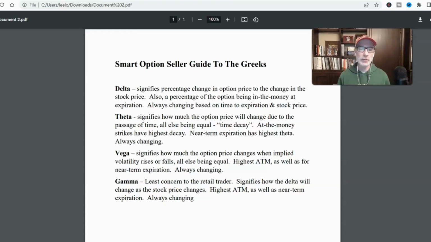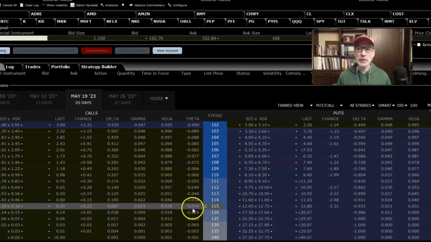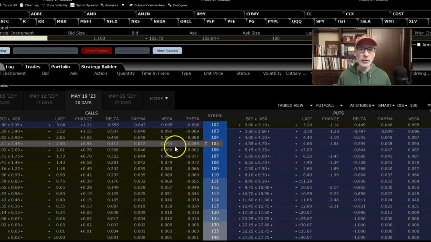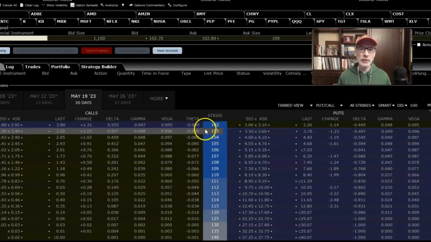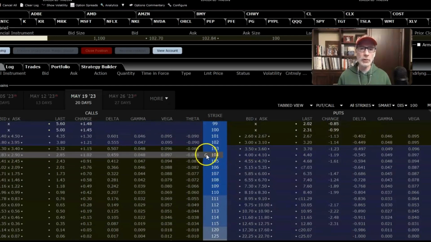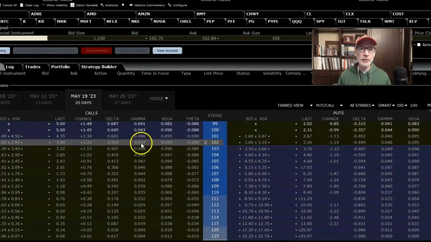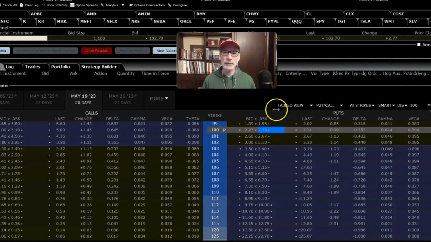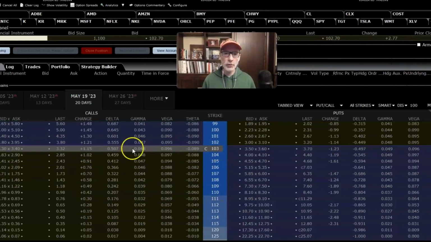So we can once again go to the option chain here. Where's our gamma for the 105 calls? Also the highest when it's at the money. The gamma is the highest when we've got the close to the money options here. Let's scroll a little bit. Are we still in Disney? Yeah. Okay. So these Mays have strikes at every dollar. We're looking at the 103s here.